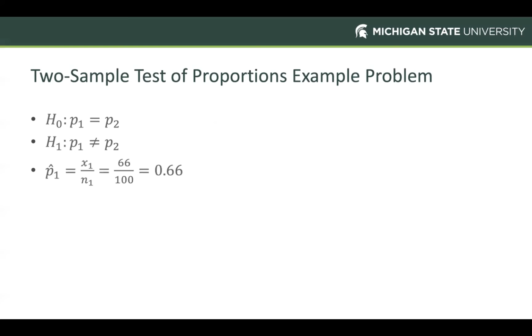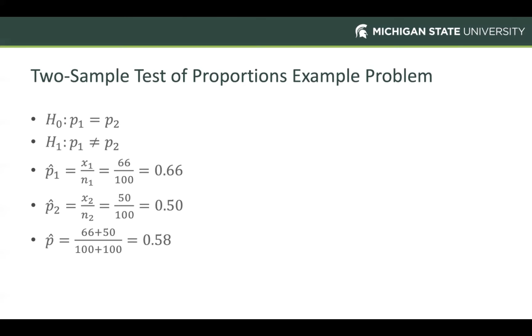And so first of all, the proportion in the first sample, as was demonstrated previously, is going to be equal to 0.66. In the second sample, it's going to be 0.5. And so that's obviously very similar to the reference value we were comparing against in the preceding example. And our pooled proportion, as we'll also refer to this at times, is going to be equal to 0.58.